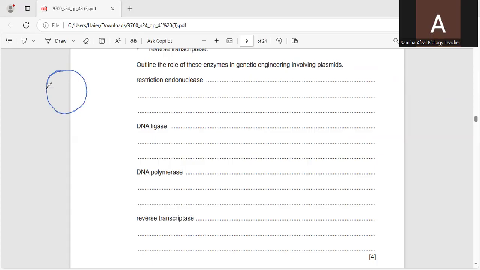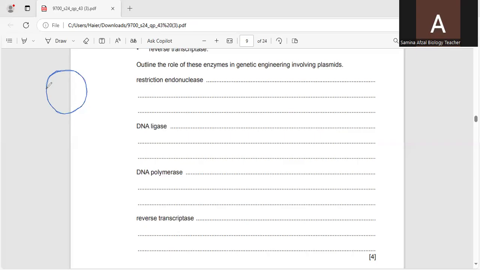To cut it, enzymatic scissors are used, and these enzymatic scissors are called restriction endonuclease. It will cut DNA at a specific sequence known as the restriction site.